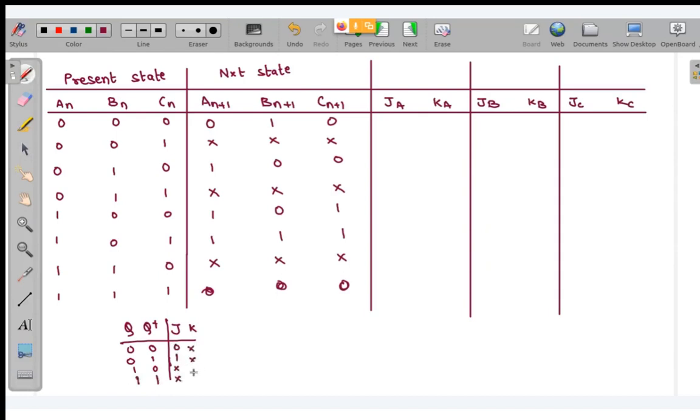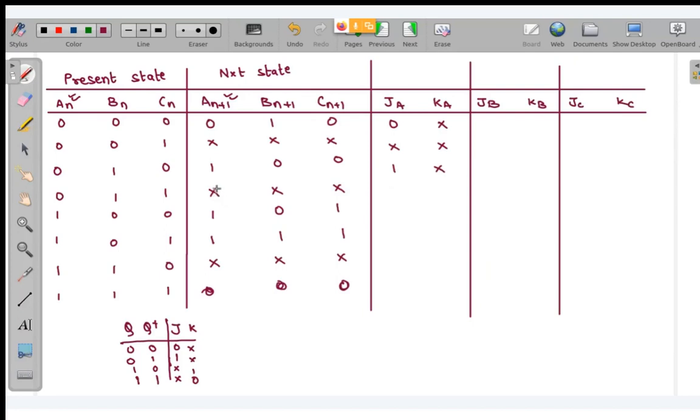This will be don't care, don't care, 1, 0. Now for writing JK, look into these two columns, An and An+1. Directly I am writing this will be 0, 0, don't care. Next will be don't care, don't care. Next will be 1, don't care.